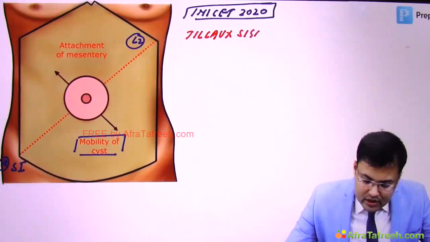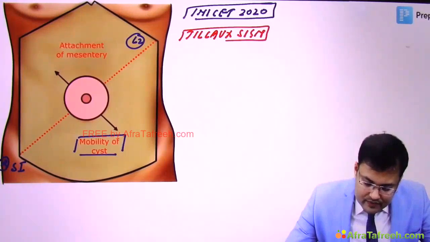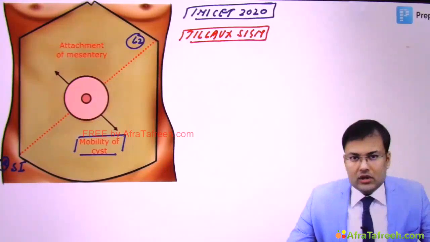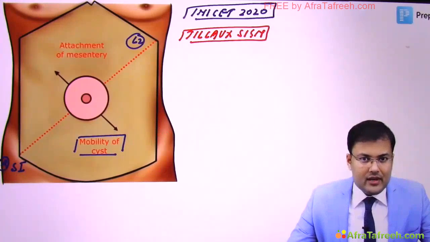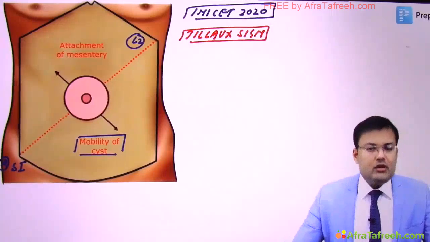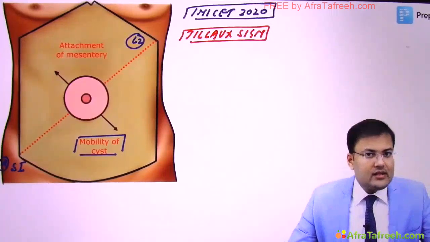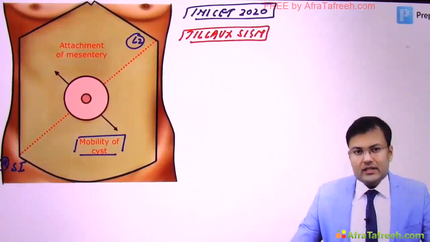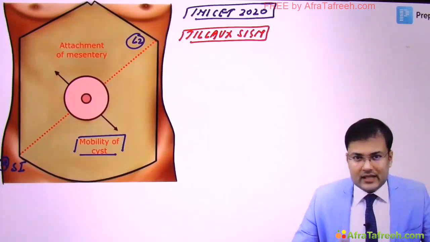So what is this Tillaux sign? Yes, here the cyst moves perpendicular to the attachment of mesentery. Clear? Here the mesenteric cyst is moving perpendicular to the attachment of mesentery. This is Tillaux's sign. What is Tillaux's triad? You will notice what kind of swelling is there? Cystic.